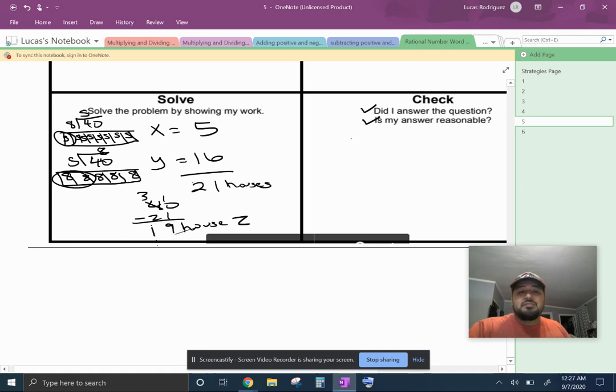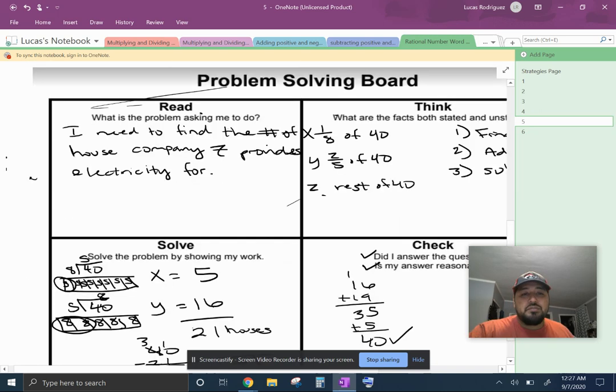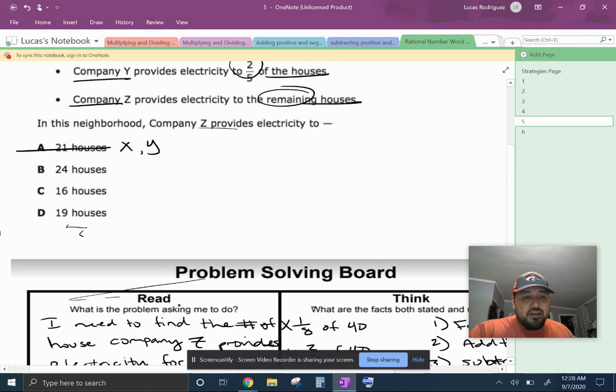So yes, I did check my answer, because 16 plus 19, let's see, if I add these together, that'll be 15, and that'll be 35 plus another 5 would be 40. So yes, this does check out if I work it out backwards. So 19 houses is my answer. So if I go up here, I do have 19 houses.